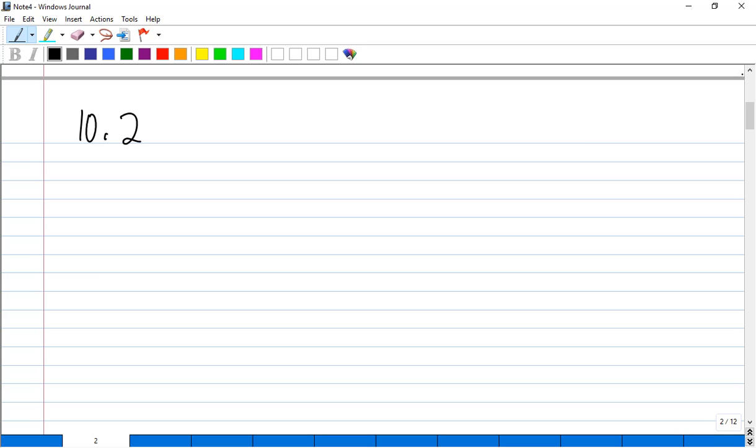All right, so now we are going to look at how to calculate the interval estimation of the population mean.